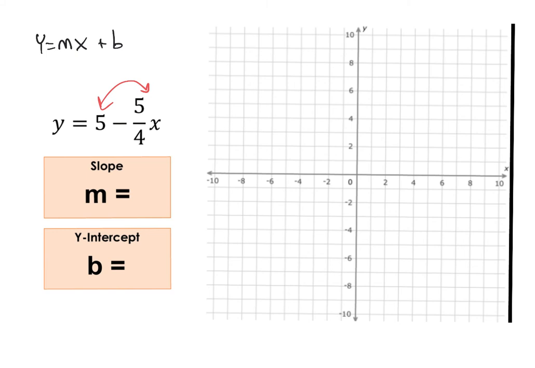If I think of this instead as y equals 5 plus a negative 5/4 x, then I have addition and I can swap my terms. So I'm going to go ahead and do that. Let me give myself some space here. I'm going to rewrite this as y equals negative 5/4 x plus 5.